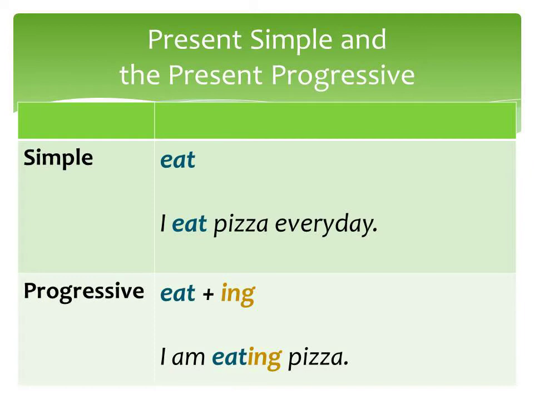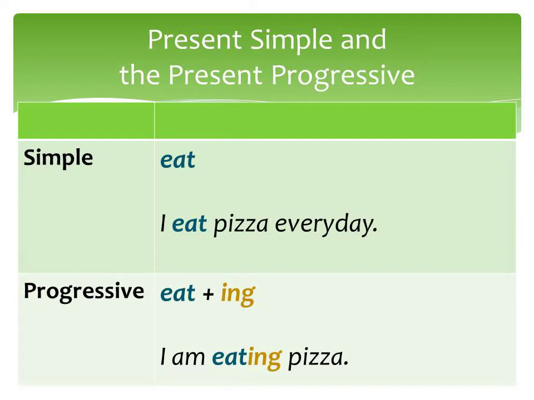So kahit hindi tayo gumamit ng salitang right now sa sentence, kapag gumamit tayo ng verb in present progressive form, nangangahulugan pa rin ito na ang action ay ginagawa mo ngayon mismo. Or gagawin mo na ngayong mga oras na to.